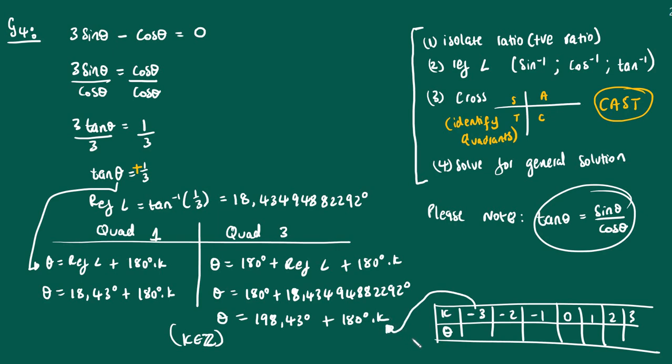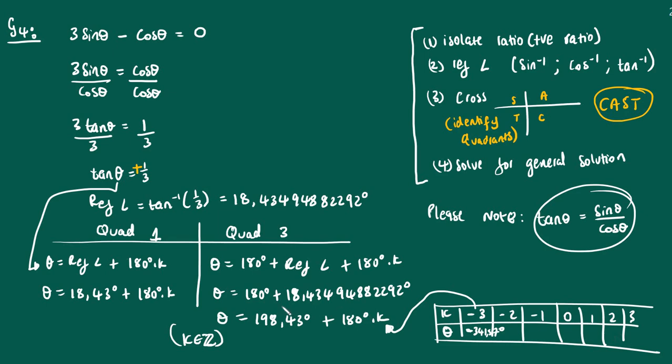If you do that, you're going to have 198,43 plus 180 times negative 3. Then you get negative 341,57 degrees. Then you would fill out all other angles.